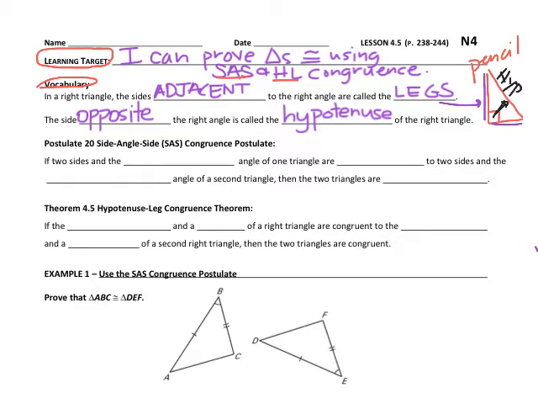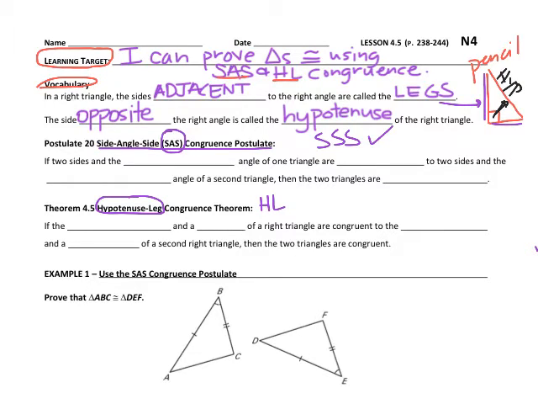Okay, and then let's take a look at postulate 20, the side angle side congruence postulate. We're going to learn a total of 5 congruence postulates. So we've already learned side, side, side. Remember, that was where if 3 sides of one triangle are congruent to 3 sides of another, then the triangles are congruent. Well, we're going to learn side angle side today, as well as the hypotenuse leg, which we can abbreviate with HL.